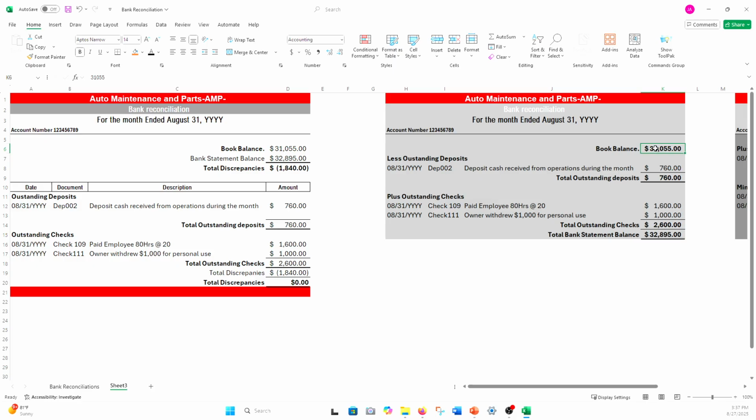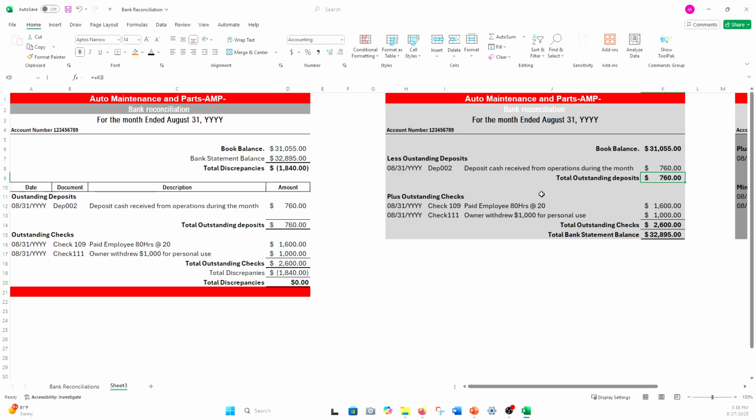We say, okay, I had this deposit in my books, but the bank doesn't have it, so I had to subtract what the bank doesn't have. The bank didn't have the 760, so from the 31,000, I had to subtract the total outstanding deposit.